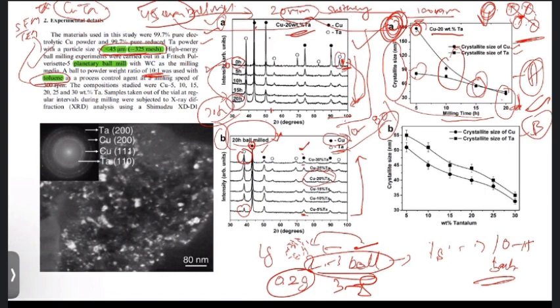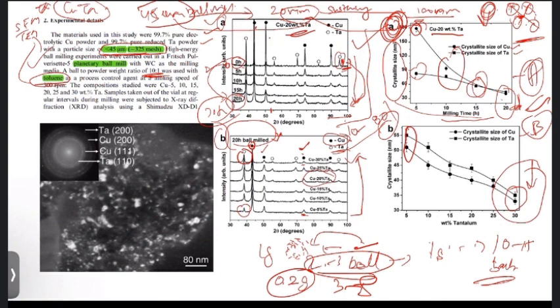At 30% we have the highest peak broadening. Why? Because we have similar crystallite size of copper and tantalum at 30%. Here the size difference is most in case of 5% tantalum. But as we increase the tantalum concentration, the crystallite size decreases, and that is why this is the best choice at 20 hours of ball milling.